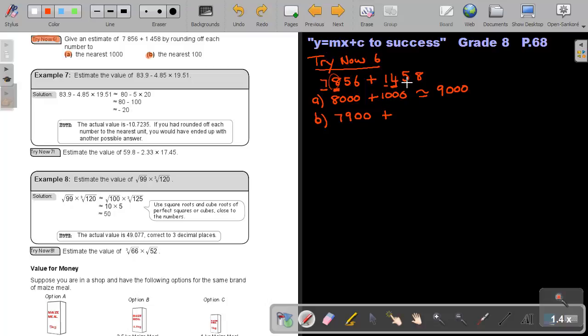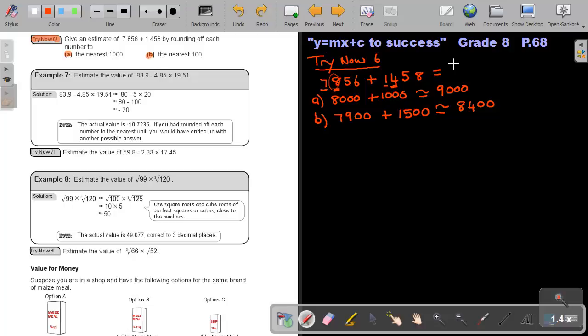Okay. This 5 makes this one also one more. So it's 1500. And if I add it up, I get 8,400. Okay. Again, take your calculator and add it up. So just press 7856 plus 1458.